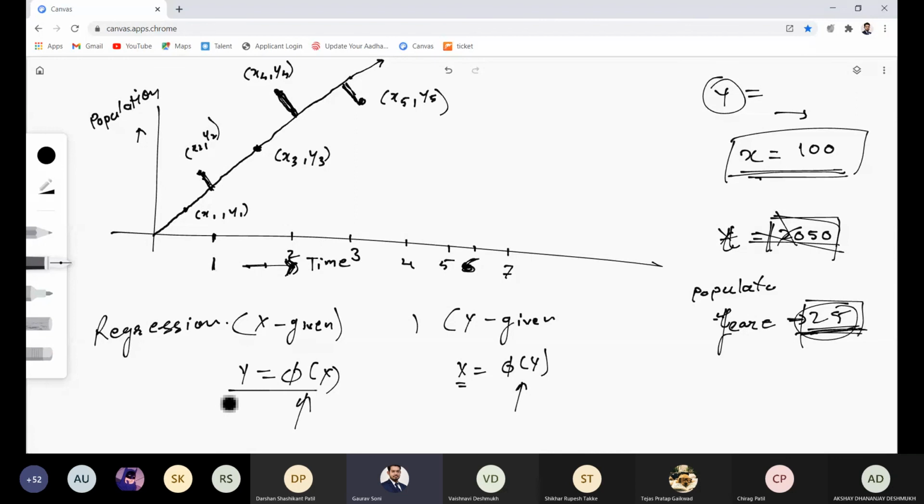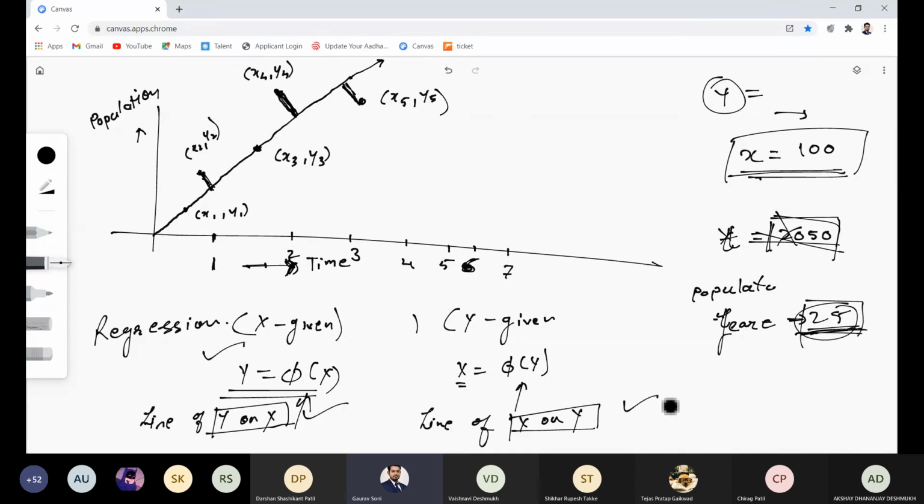This type of equation is called the regression line of y on x, and this is called the regression line of x on y. In the next lecture we will see how to find both the regression lines, and we'll solve an example and end the statistics in the next lecture.